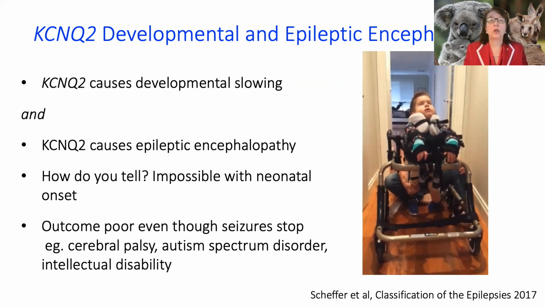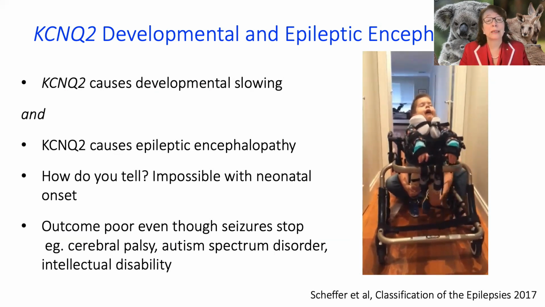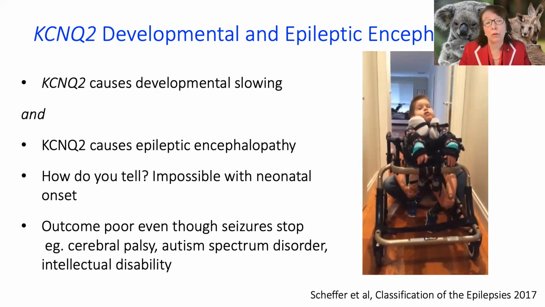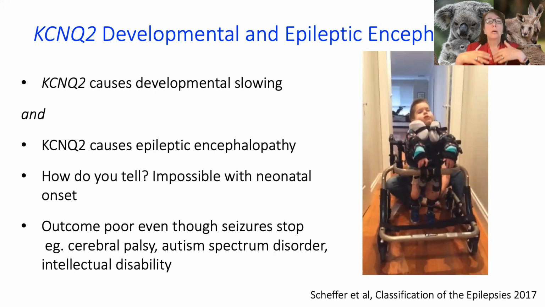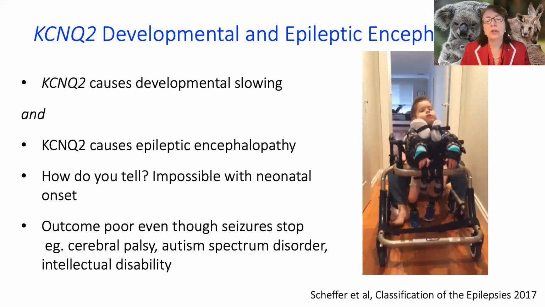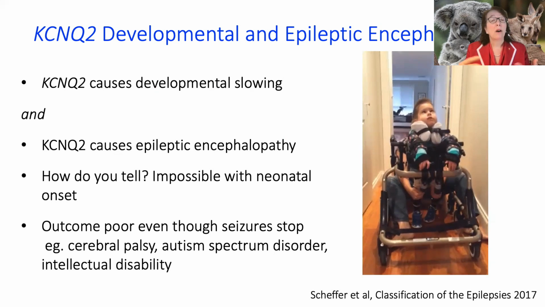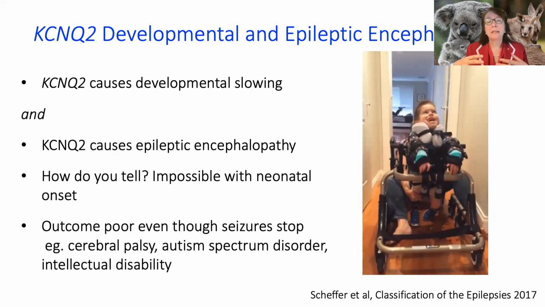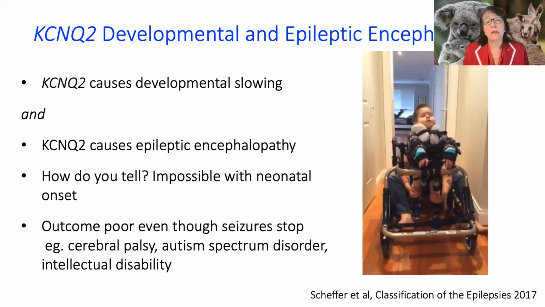So KCNQ2 can cause developmental slowing or just intellectual disability, and I'm going to talk about that a little bit more later on. But on top of that, many of these babies present with very severe seizures in the newborn period, and they have this epileptic encephalopathy, often with multiple seizure types, very frequent epileptic activity on their EEG, and this means that they can't develop.